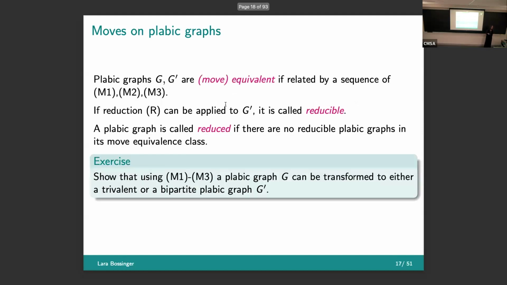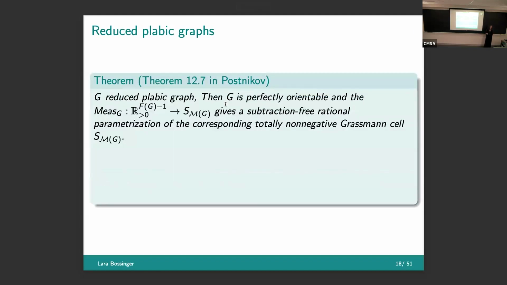So we assume in this result that our plabic graph is reduced, and that it is perfectly orientable. And the boundary measurement map gives a subtraction-free rational parameterization of the corresponding non-negative cell.